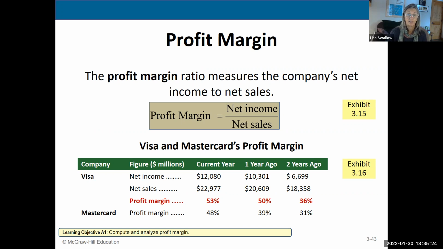Our income statement. Okay, and they're showing us here a couple companies, Visa and MasterCard, what their profit margins looked like over time. Clearly, Visa is producing more profit per dollar of sales than MasterCard is.